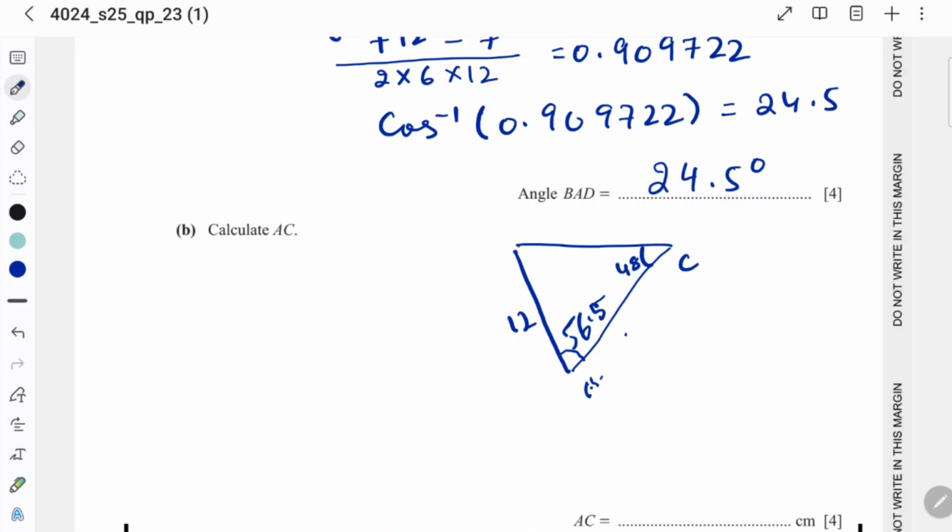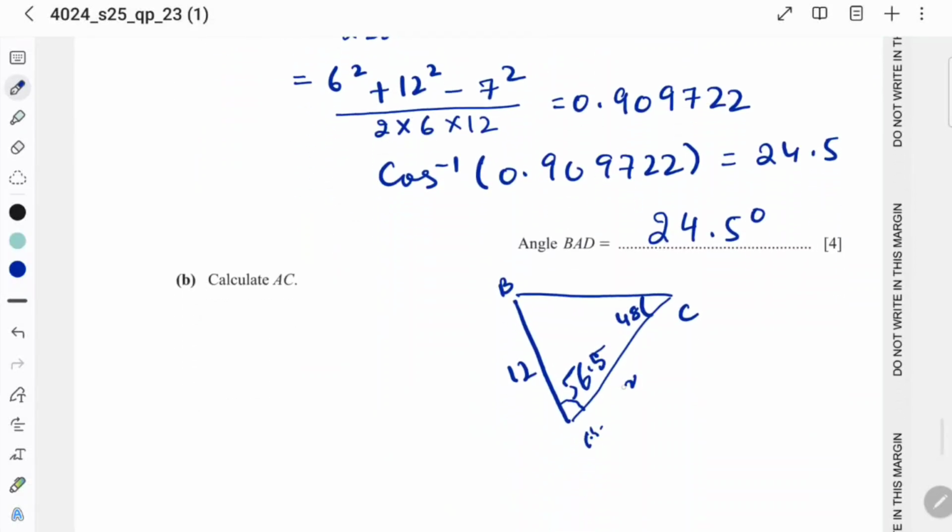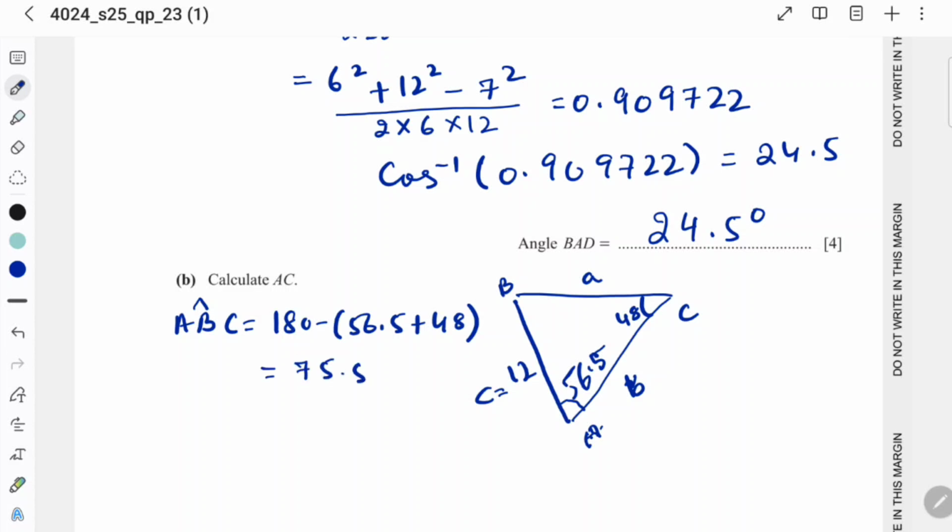So AC, for example, this is your B. If it's B, then B; it's C, then C; it's A, then A. A upon sine A is equals to B upon sine B is equals to C upon sine C. B angle is required. So angle ABC is equals to 180 minus 56.5 and 48. Calculate. Yes, it's equals to 75.5.